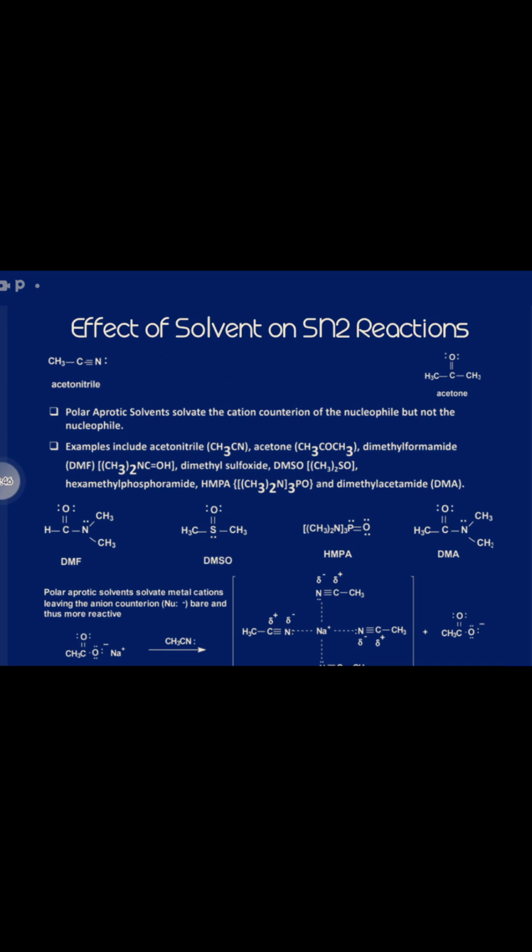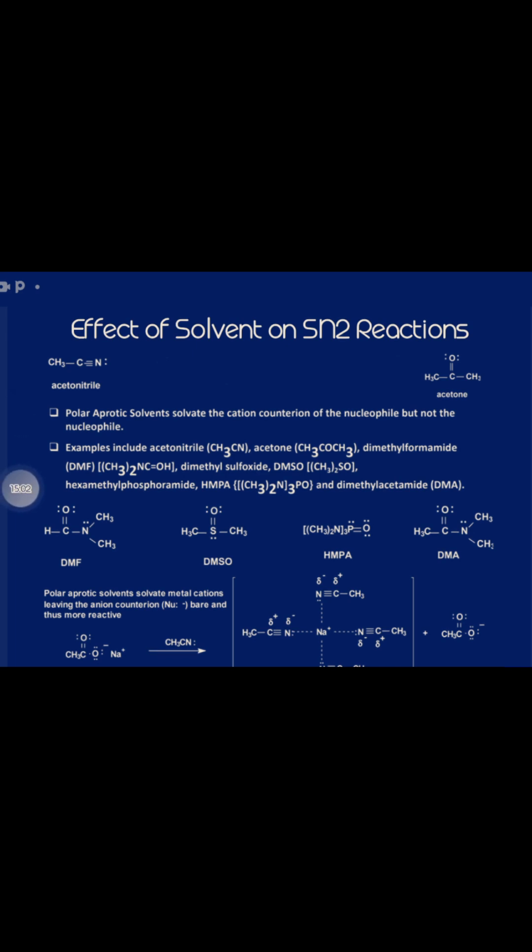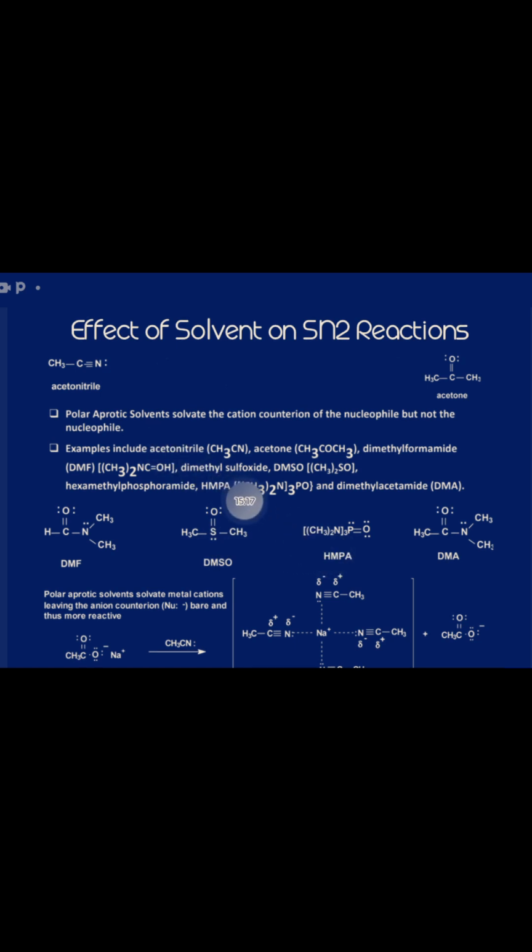We can say that the polar aprotic solvent will not solvate the nucleophile, but its cations can be solvated by the polar aprotic solvent. Examples include this one and this one and so on, DMSO, etc.